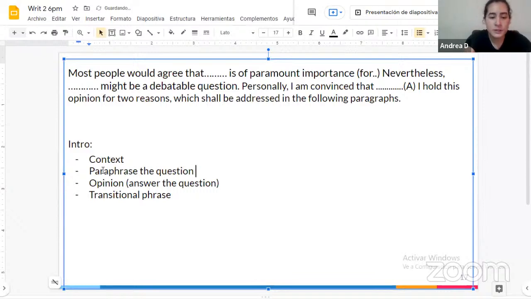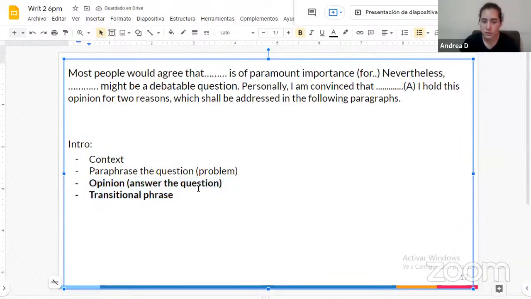Okay, so here is basically the problem, the issue that we're going to be answering. So those 4 sentences are the ones that we're going to have in our introduction. As I'm saying, the first 2 are optional. You don't have to have them in order for it to be an intro. The other 2 are mandatory. You need to have your opinion and a transitional phrase. Okay?